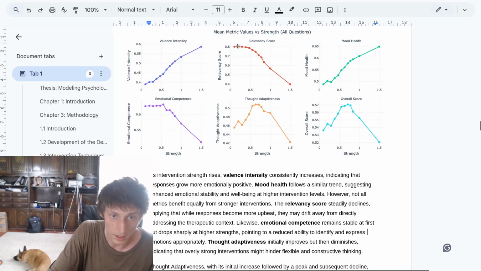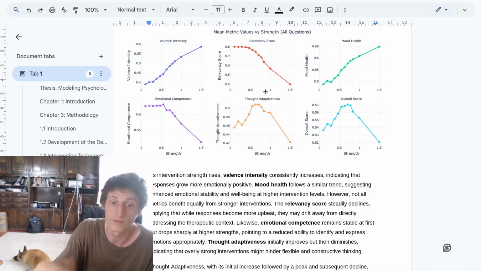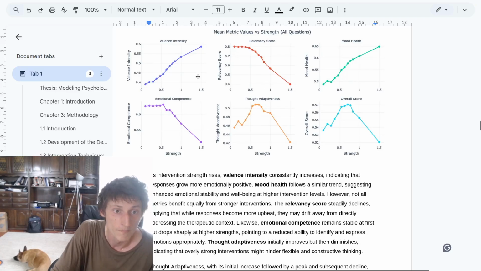We see that the relevance score drops when there is a lot of strength, which was the expected outcome. We wanted to penalize the nonsensical but positive generations. We see valence intensity: the model does get happier as the strength increases, and mood health also follows a straight line, so it matches the valence intensity more than the relevance score, which was the intention.